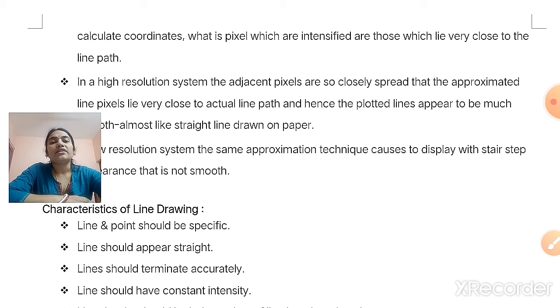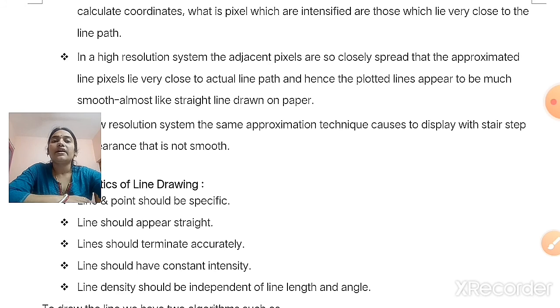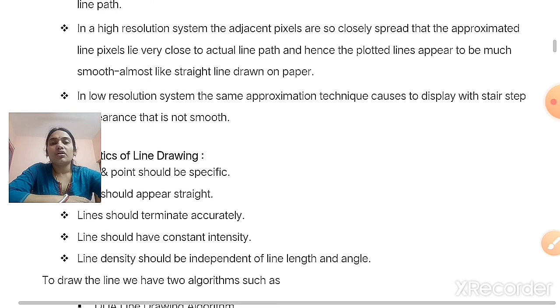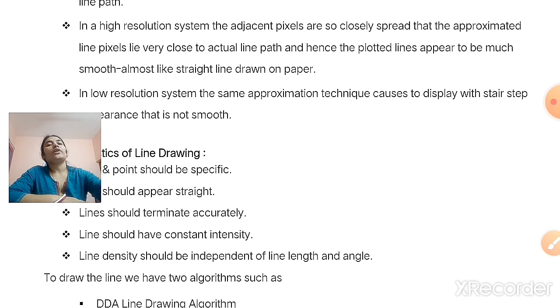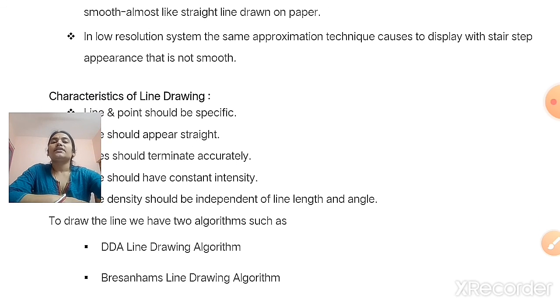The line should have constant intensity, and line density should be independent of line length and angle. To draw a line, we have two algorithms: the DDA line drawing algorithm and Bresenham's line algorithm. We will discuss these two algorithms and how to draw a line.